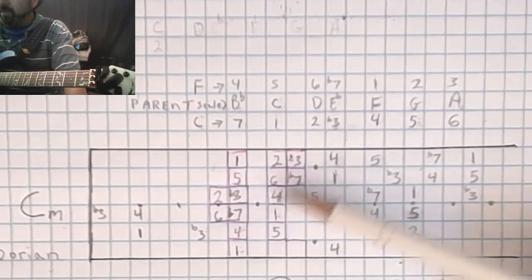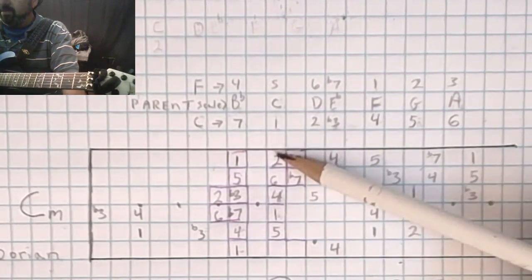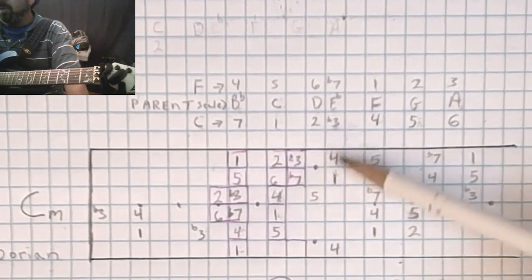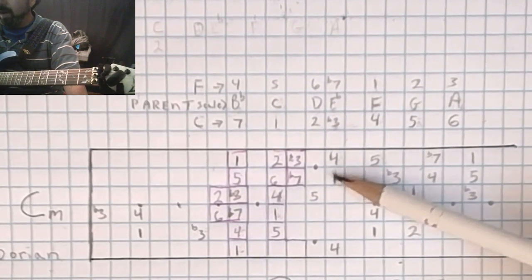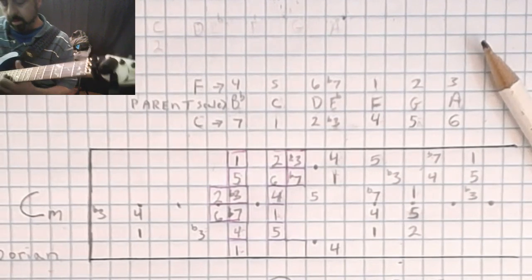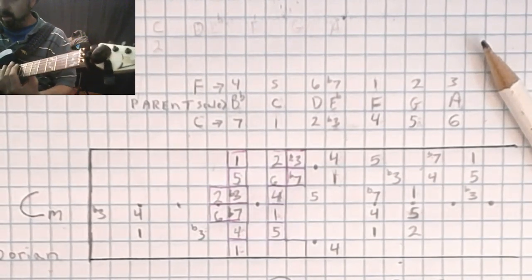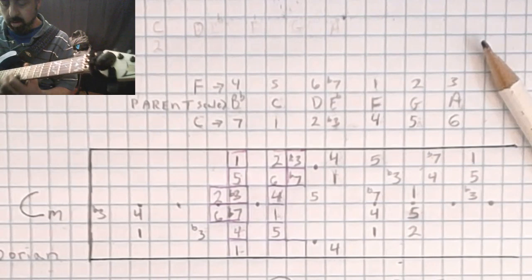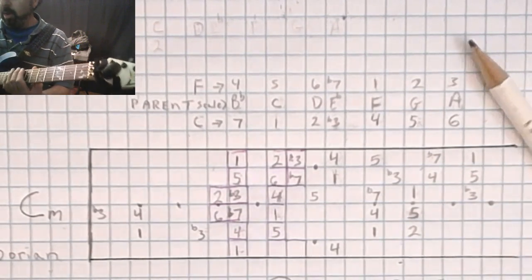So 4, 7, 4, 4, and then 2, 7 again, great choice, and then back to the root, the 1, to end that. That gives that finality, that final answer. Well, what do you know?